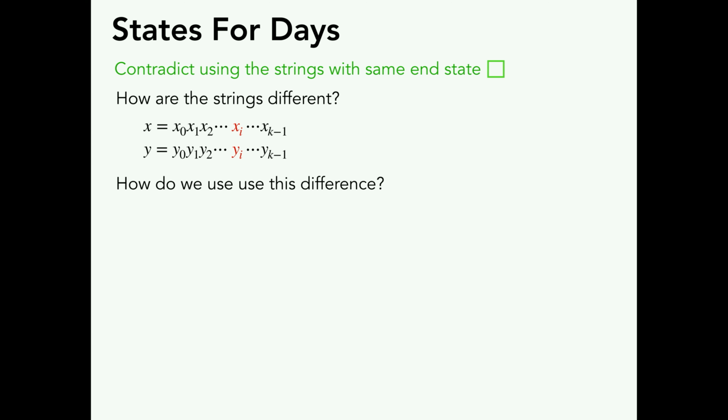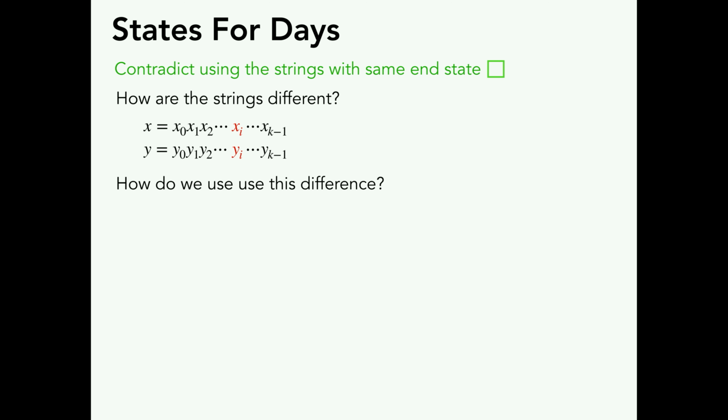We can also notice right now that in string x, x_i is the (k minus i)th character from the right. And similarly, in string y, y_i is the (k minus i)th character from the right as well. But we want to be concerned about the characters which are exactly k from the right.